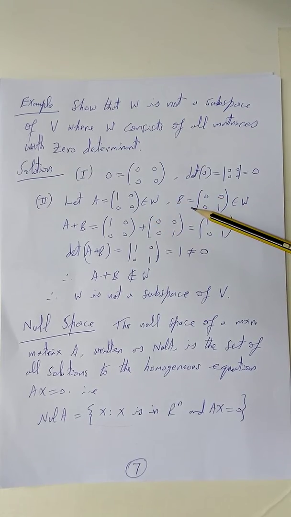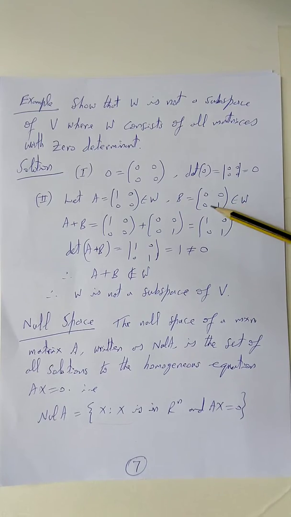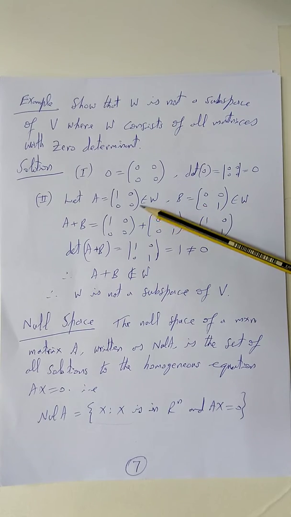Similarly, I can take another matrix B, 0 0 0 1, which also belongs to W, because its determinant is 0 multiply 1 minus 0 multiply 0, which is 0.